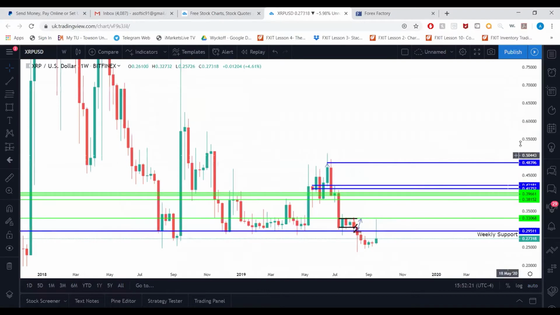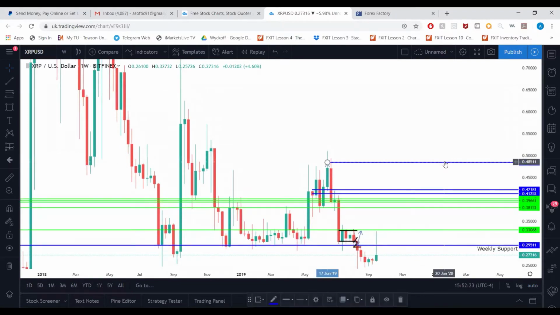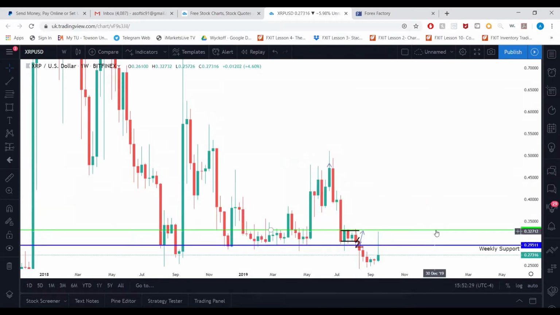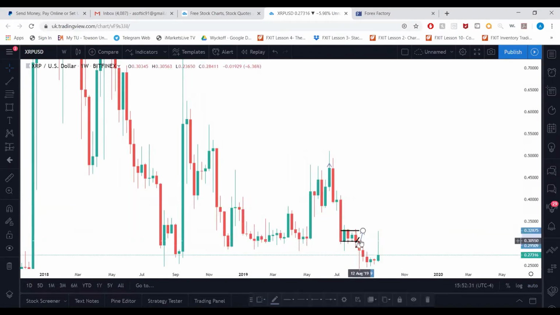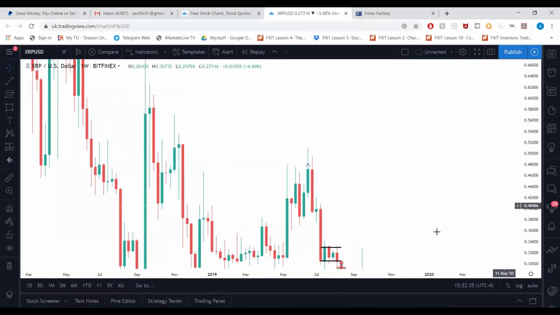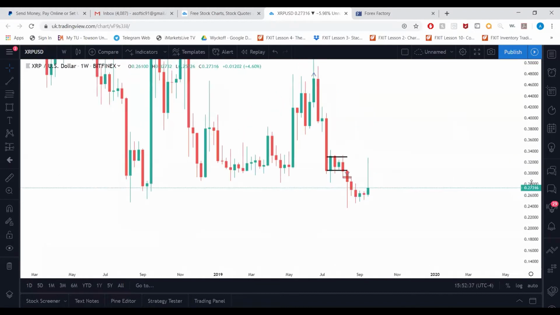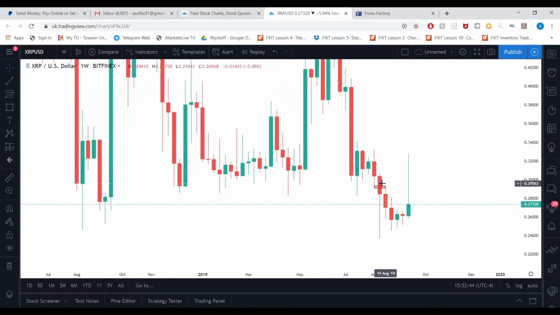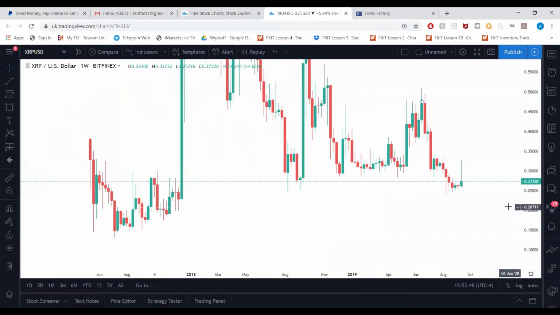All right, let's clear everything up. Start fresh. And this was another example of the side channel consolidation and breakout. Easy setup. All right, so we are on the weekly.